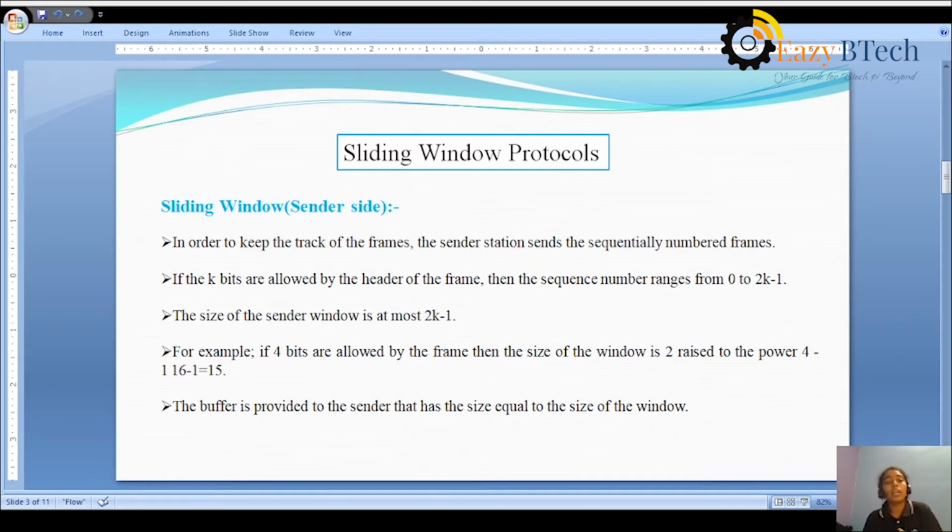Second point: if k bits are allowed by the header of the frame, then the sequence numbers range from 0 to 2^k minus 1.